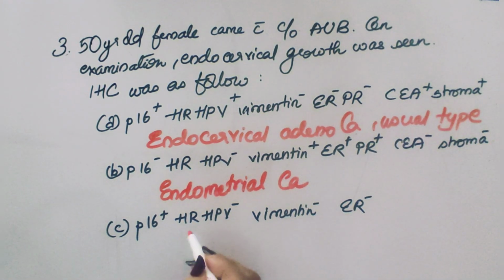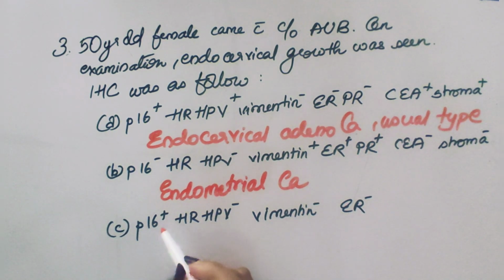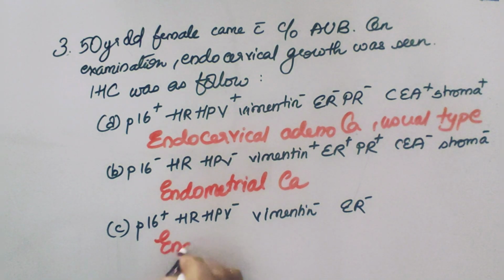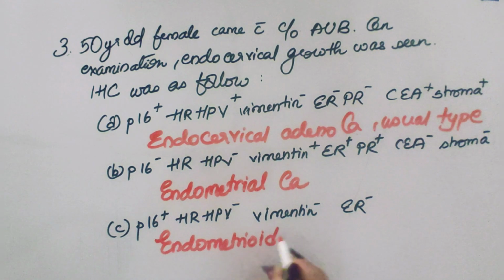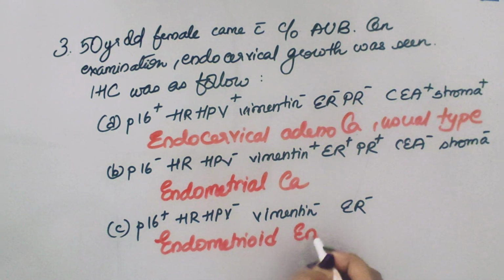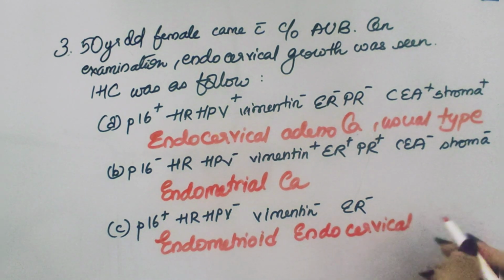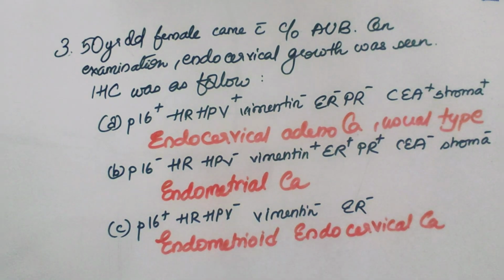The next is high risk HPV negative but P16 positive and Vimentin and ER negative is endometrioid endocervical carcinoma. Okay, I hope you people have understood the difference in this.